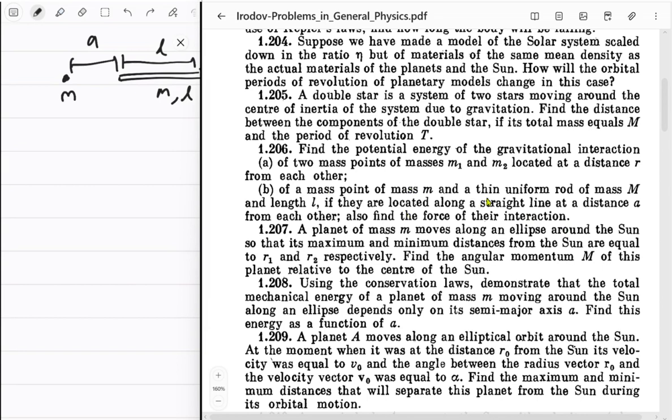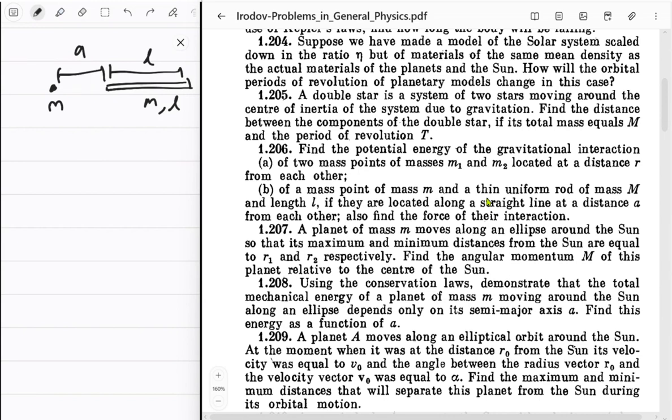Oh god, that's not nice. So you got G m, and then for this piece, lambda dx upon r squared, so x is going from a to a plus L. Actually it should just be upon x, not x squared, since it's energy.